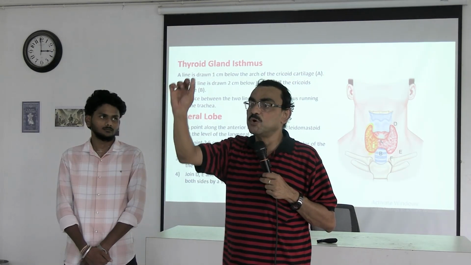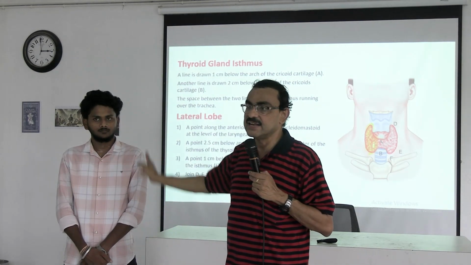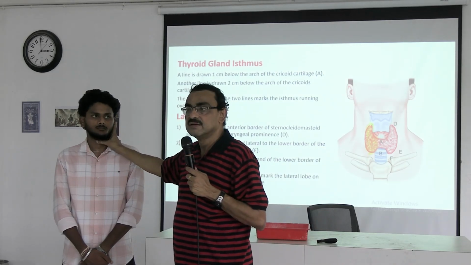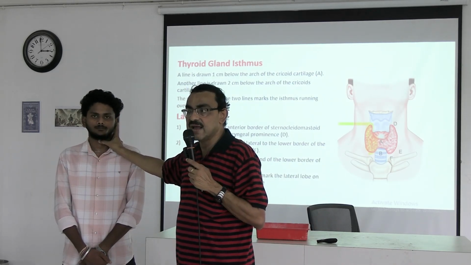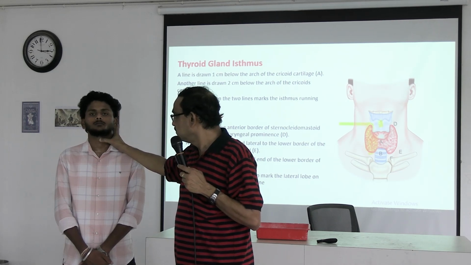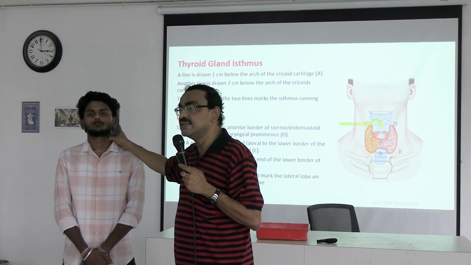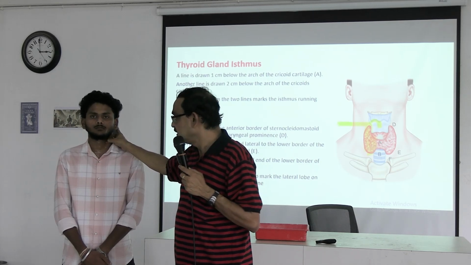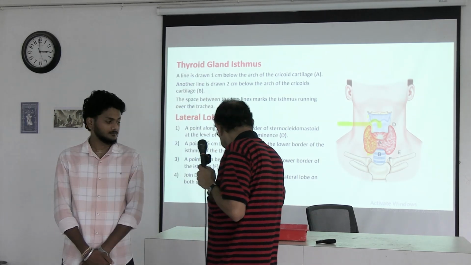Okay, we will put 2 points laterally. We know this is the thyroid cartilage, Adam's apple. At this level, if we go laterally, we can find the anterior border of the thyroid cartilage. Here we can put 1 point.